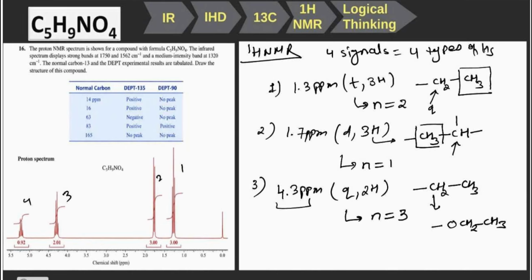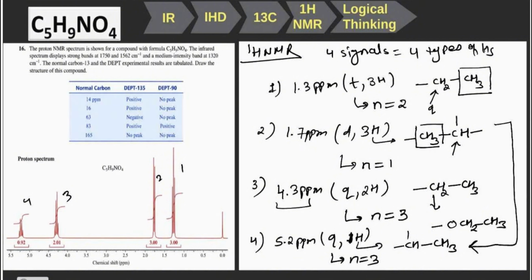And now the last signal is also a quartet, at 5.2 ppm, which is quite deshielded, and this is indicating only one hydrogen. So a quartet means 3 neighboring hydrogens, and it means this is something like CH attached to CH3. Okay, if you see, this information here and this one are common, right?